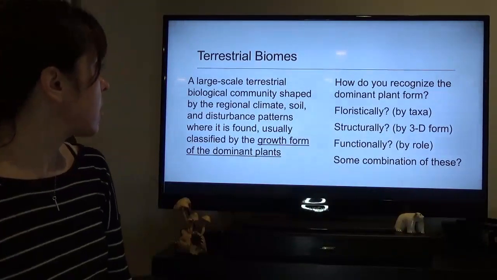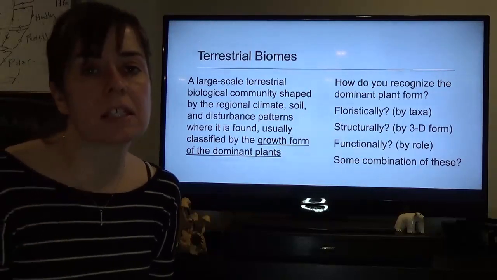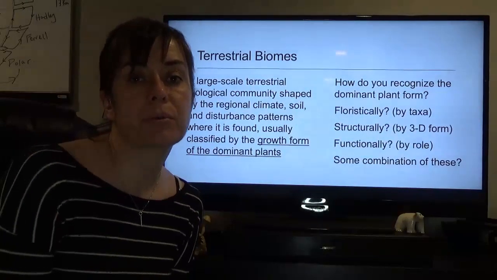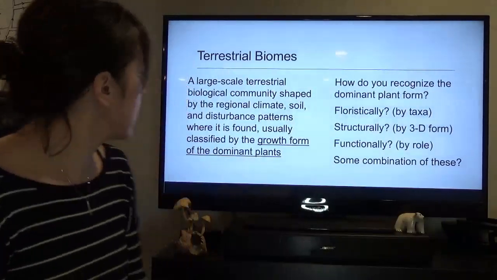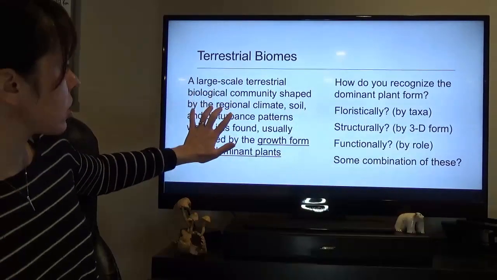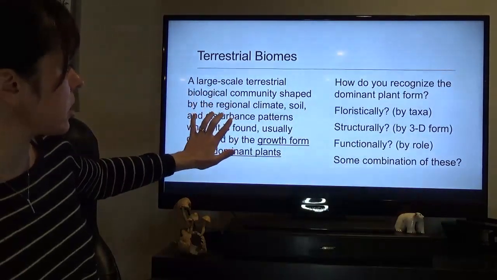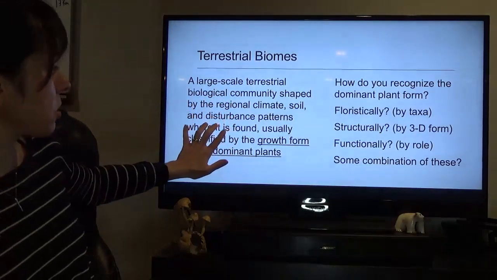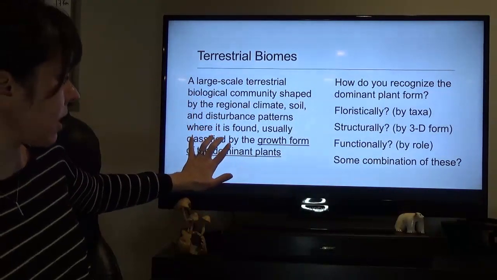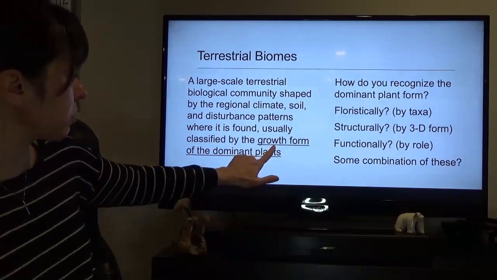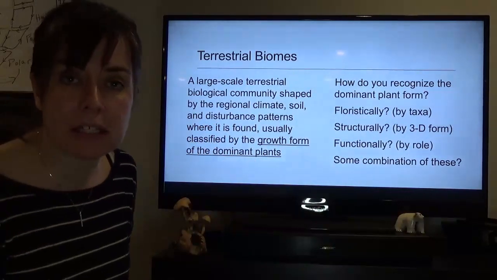Okay, so this class we're going to be taking a bit of a tour through the terrestrial biomes on the planet. A biome is a large-scale terrestrial biologic community shaped by the regional climate, soils, and disturbance patterns where it is found, usually classified by the growth form of the dominant plants.